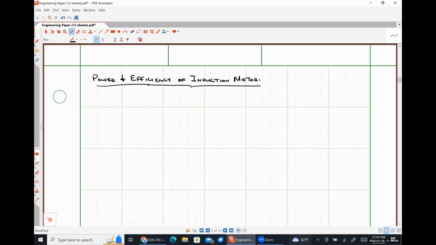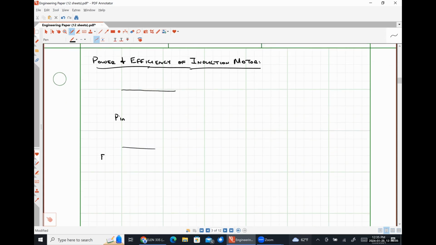So on the left-hand side over here, I have my input power, and this is the electrical power at our input, right?